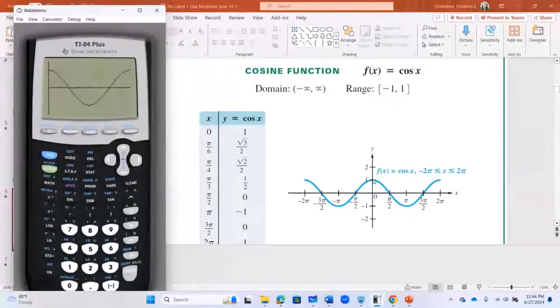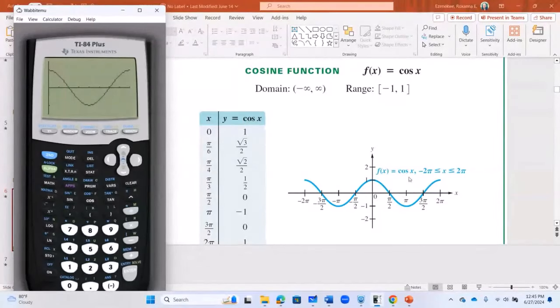The cosine curve has y-axis symmetry because one of the vertices passes through the y-axis. So we want to differentiate the things that are opposite or different in sine and cosine.